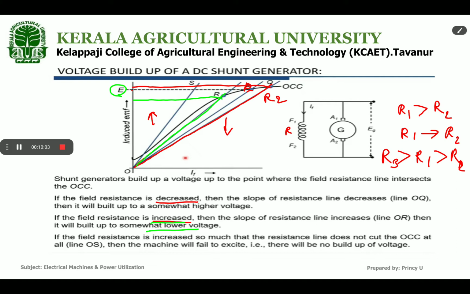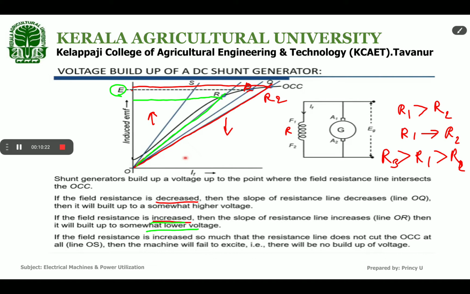So when the resistance increases, the maximum voltage developed by the machine is lowered, and if the resistance decreases, the maximum voltage built up by the generator can be higher.